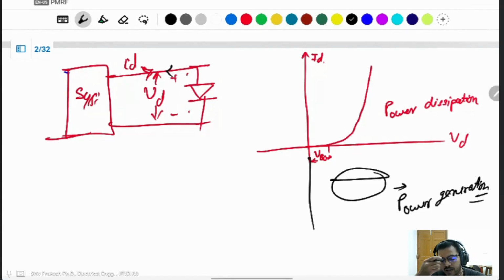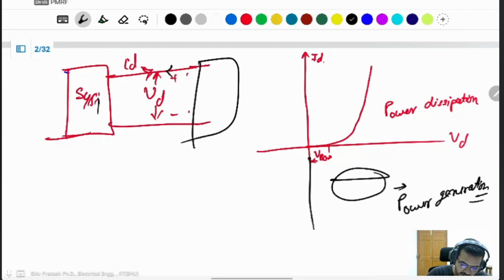From the PV panel or PN junction diode, it is the same thing. If you want to take energy from them, you have to operate the system in the power generation mode. It means current should be supplied from it. Take any system, like system 1 and system 2.